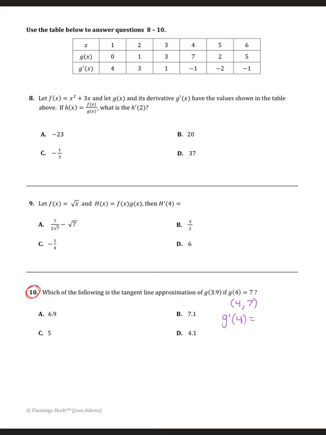If you look at that table, g prime of 4 is negative 1. So you can make an equation and plug in 3.9 for x to do the approximation. Whenever you do that, you will get 0.1 plus 7, which is 7.1, which is B.